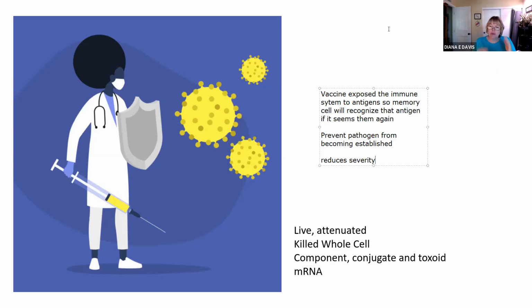Examples of live attenuated vaccines include the measles, mumps, rubella vaccine and the chickenpox vaccine. I should also mention that the polio vaccine is a live attenuated vaccine. So with the MMR, measles, mumps, rubella, and chickenpox vaccines, those are safe as long as you're not immunocompromised.